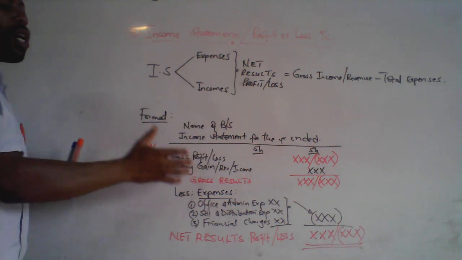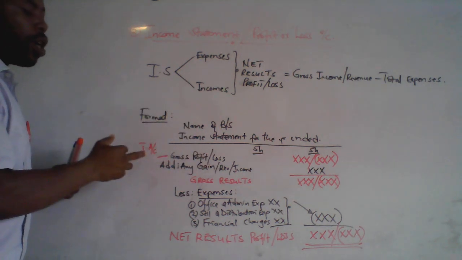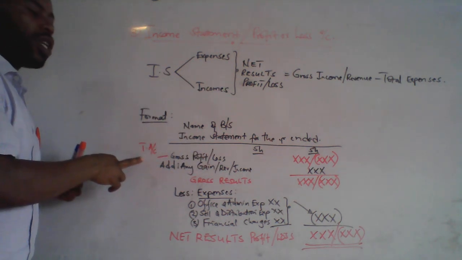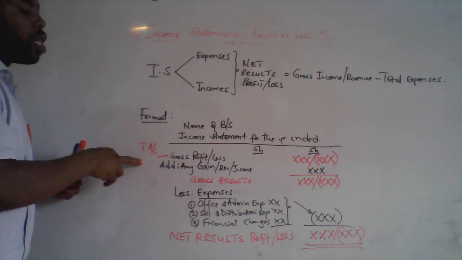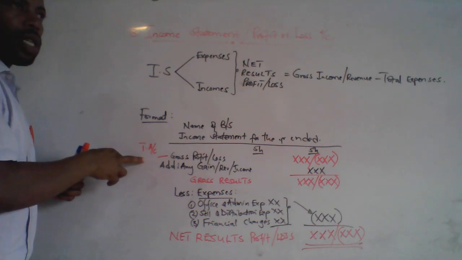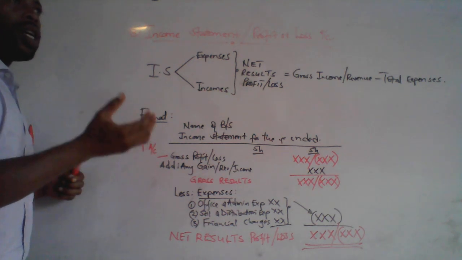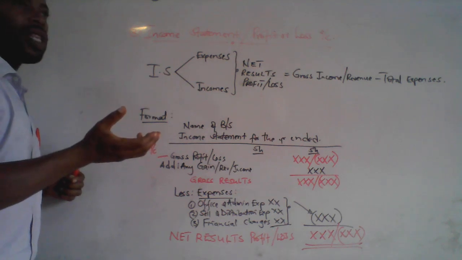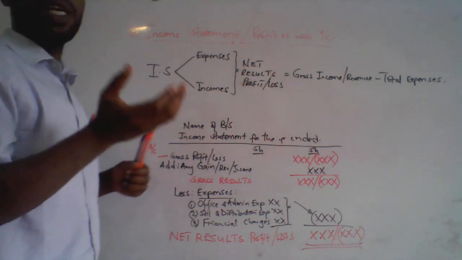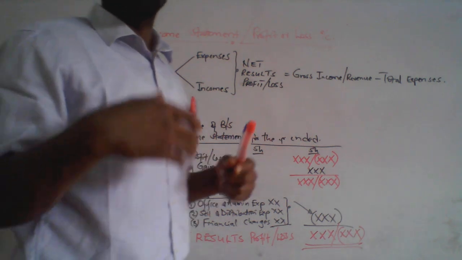When you're preparing the income statement, if you're provided with the gross profit or the gross results, that is either a profit or a loss, you begin with it at the start of the income statement. But if you're not given, you are required to determine it from the items that are supposed to be posted in the trading account, that is the sales and the purchases.